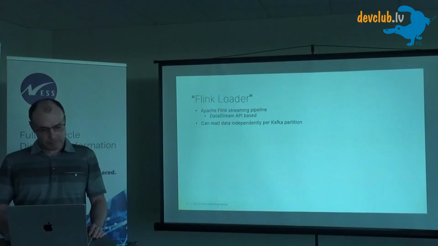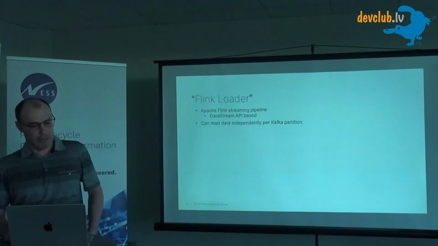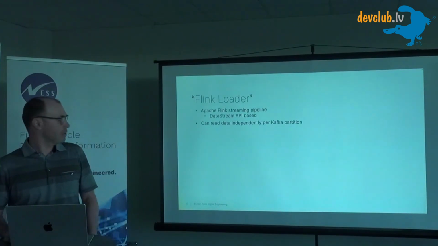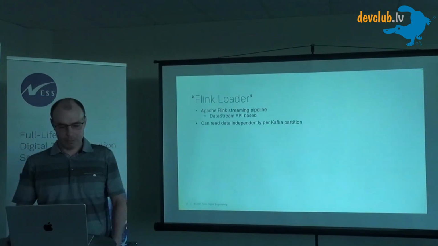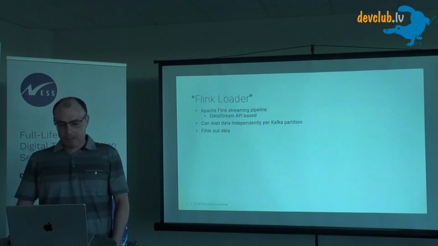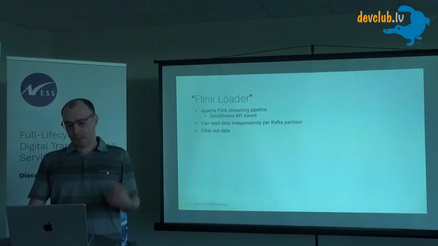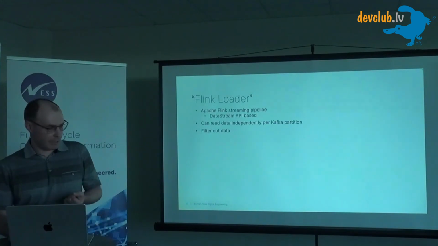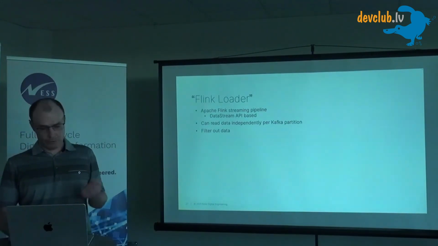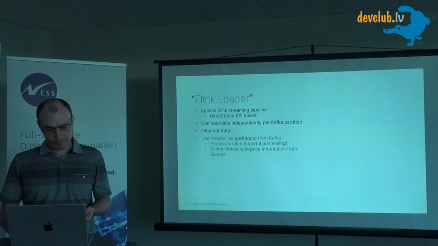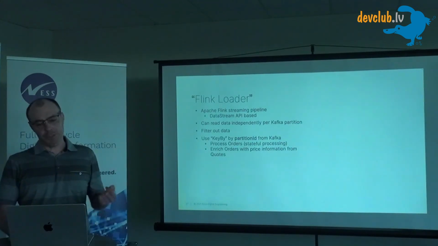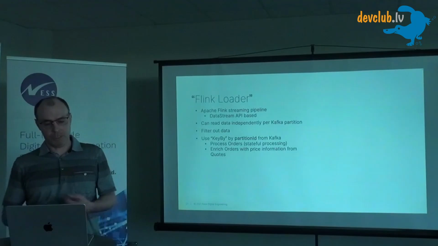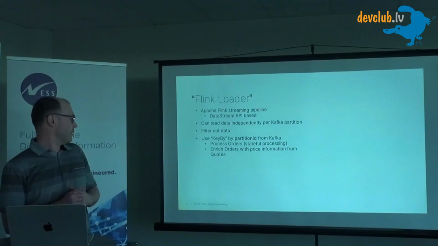With the Flink pipeline, we can read data independently per Kafka partition. On the Flink loader side, we filter out data, because not all data is required to be processed and populated to AWS Aurora. And we use keyBy, a cool feature from Flink, to partition our data across the Flink cluster.